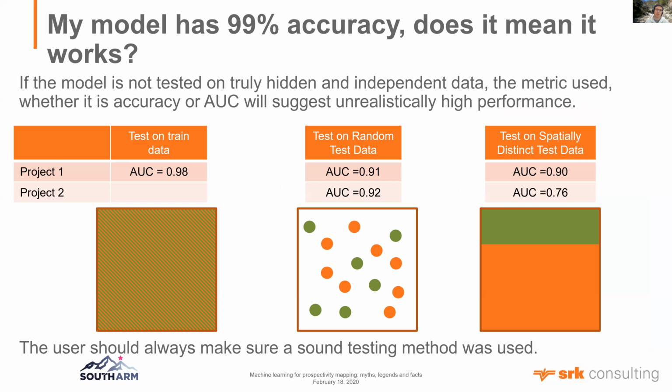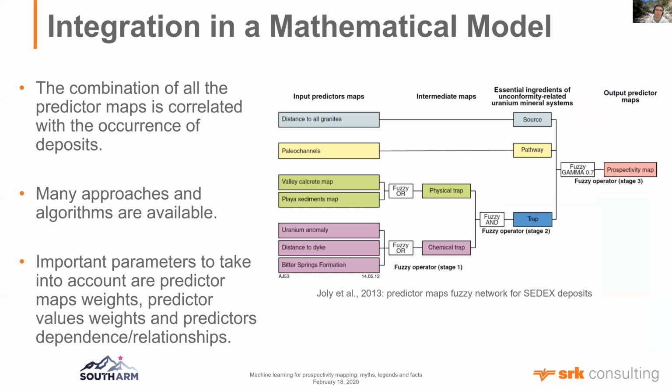Yeah, this gamma value. So the fuzzy OR, you have two maps, and you take the highest value of the two maps and you create a map. The fuzzy AND, you take the lowest value of two maps and you create a map. The fuzzy gamma, it's something in between. So it uses a combination of multiplications and additions.